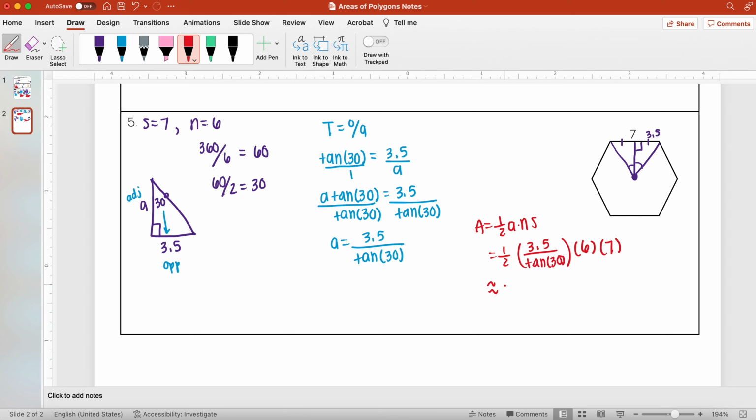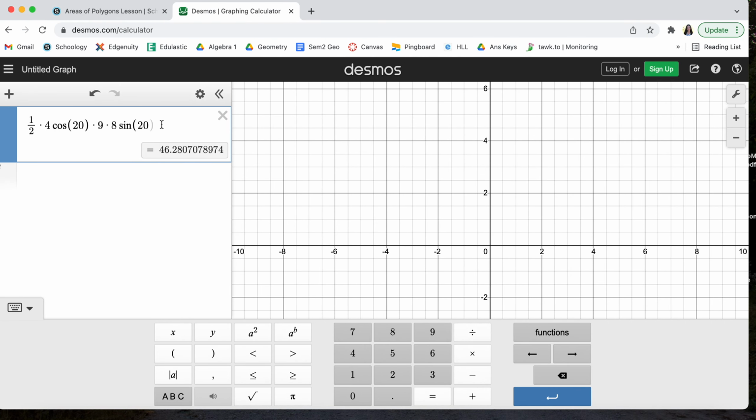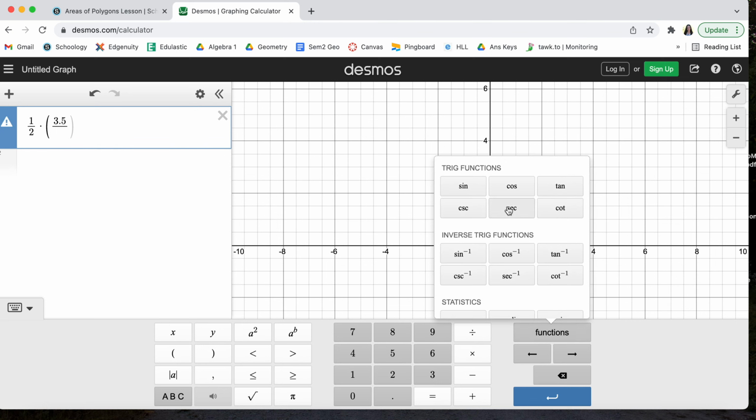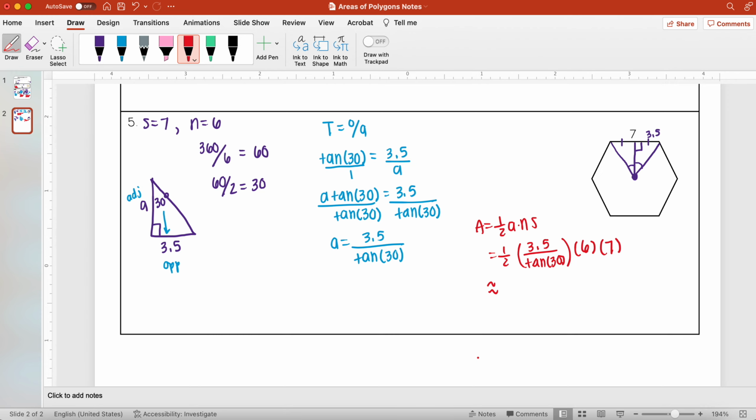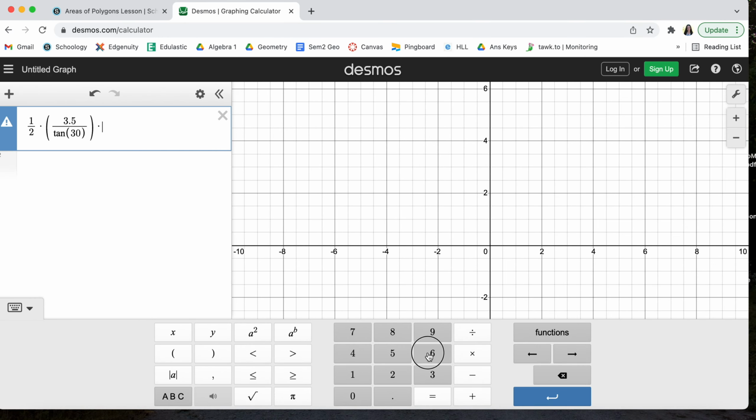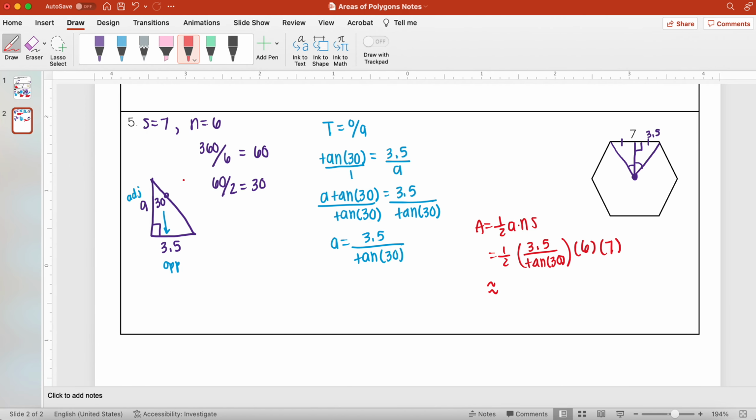And so I can go over to Desmos again. So I have 1/2 times 3.5 divided by tangent of 30, times 6 times 7. And I get, rounding to the nearest tenth, 127.3.